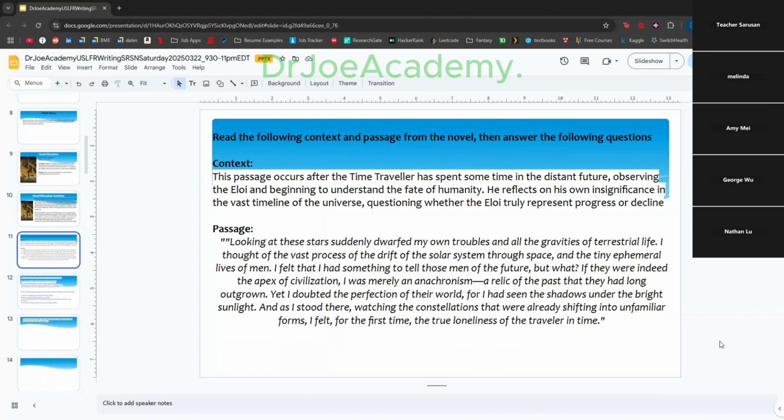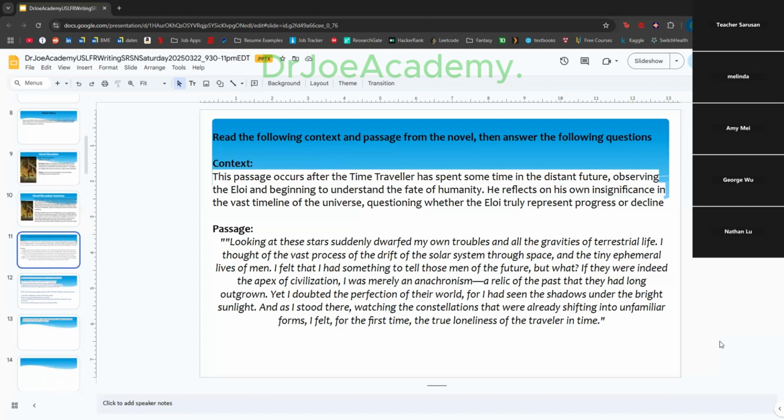Context. This passage occurs after the time traveler has spent some time in the distant future, observing the Eloi and beginning to understand the fate of humanity. He reflects on his own insignificance in the vast timeline of the universe, questioning whether the Eloi truly represent progress or decline. Looking at these stars suddenly dwarfed my own troubles and all the gravities of terrestrial life. I thought of the vast process of the drift of the solar system through space and the tiny ephemeral lives of men.